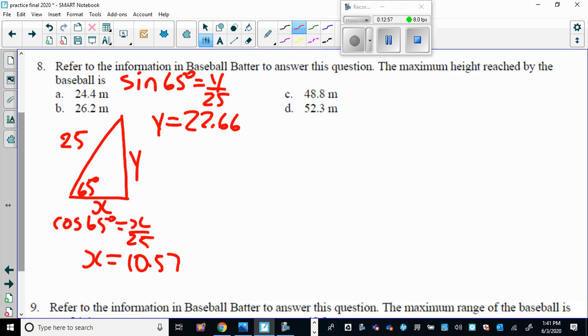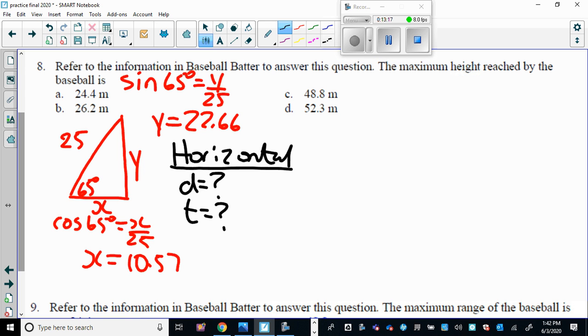All right, now let's organize our information the way we just did it. So let's see what we have horizontally, and let's see what we have vertically. Horizontally, do we have the distance? No. Do we have the time? In this one, we definitely don't have the time.